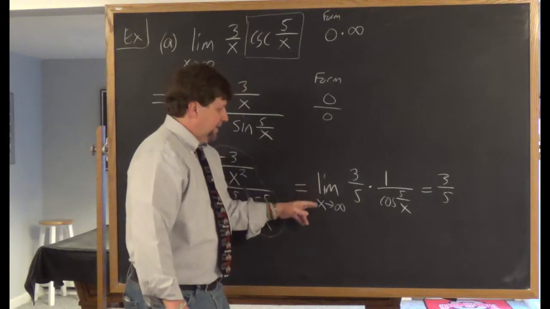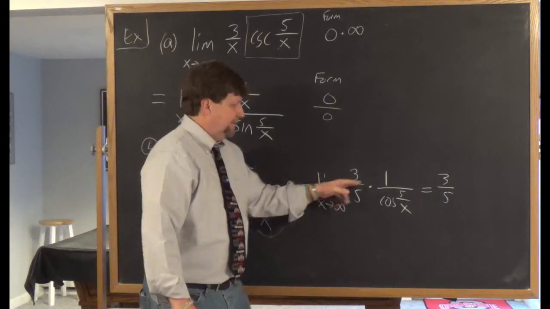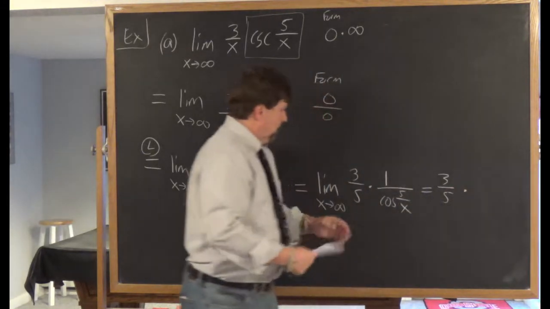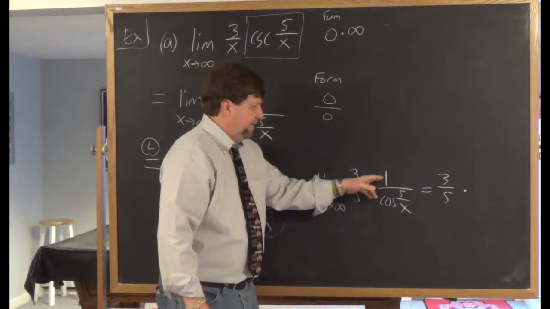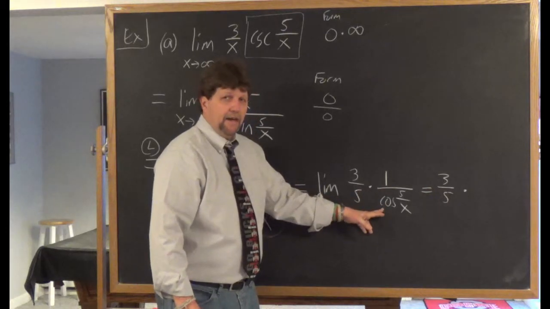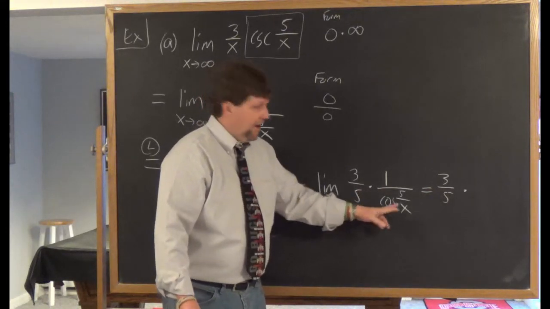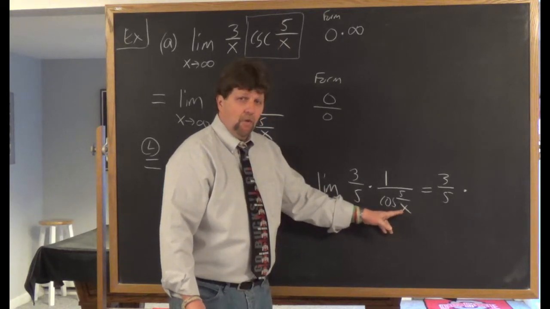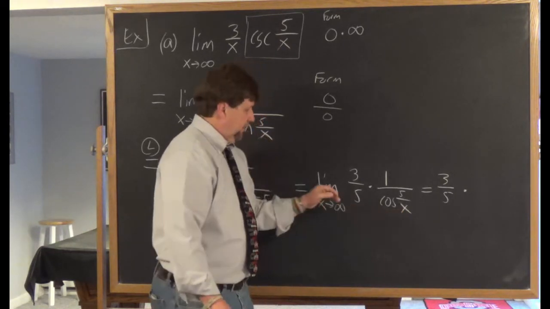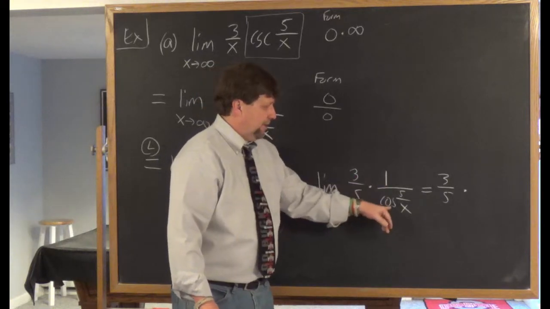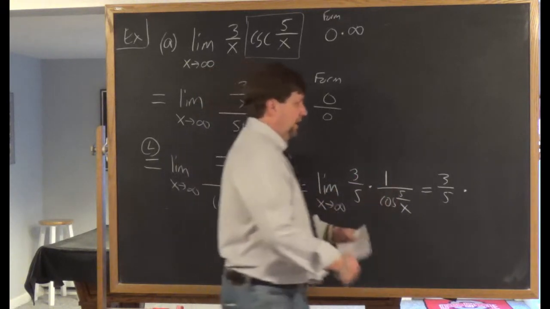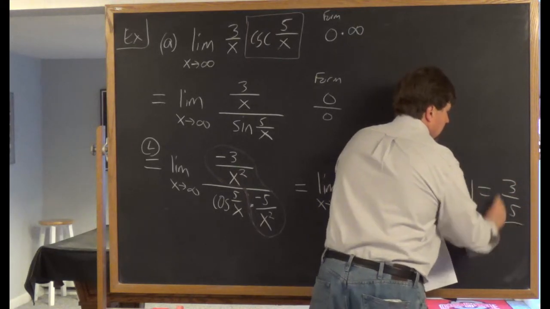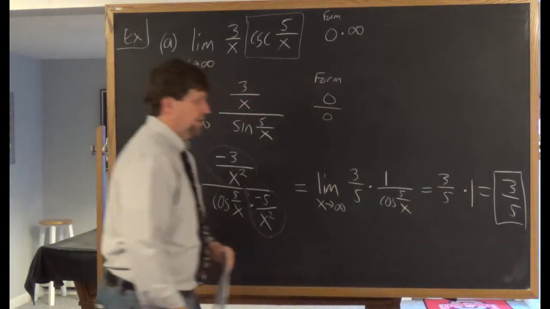So I'm saying the limit as x goes to infinity of 3/5 is 3/5 times the limit as x goes to infinity of 1 over cosine 5x. Well, as x gets really large, 5 over x gets close to 0. Cosine of 0 is 1. So the limit as x goes to infinity of 1 over cosine 5x, that's 1 over 1, which is 1. Simplifies down to 3/5.